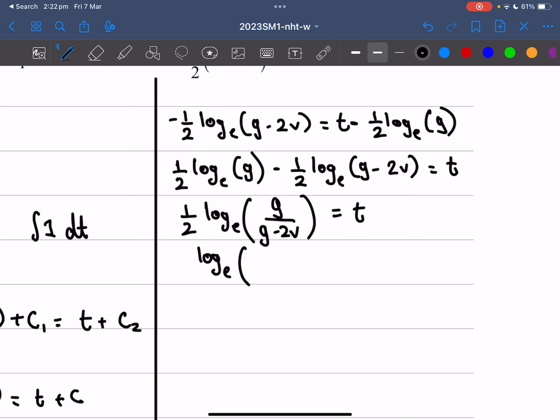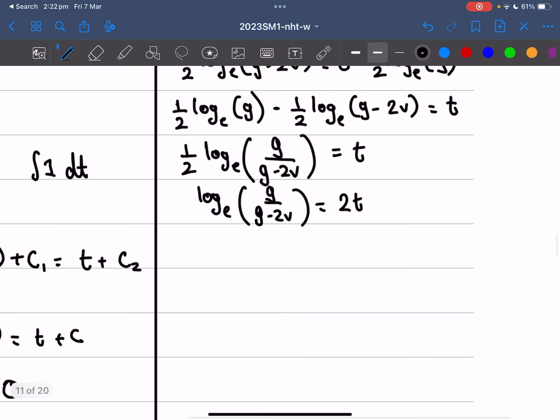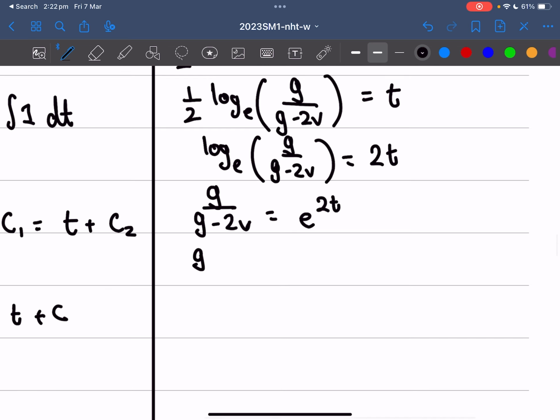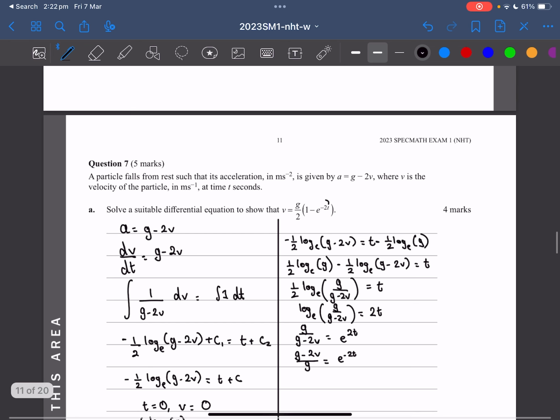So that g on g minus 2v equals e to the power of 2t, right? Okay, now what we can do is simply flip the fraction. So we can write this as g minus 2v on g is equal to 1 on e to the power of 2t, or I'm going to write this as e to the power of minus 2t, because that is how it is in the question.